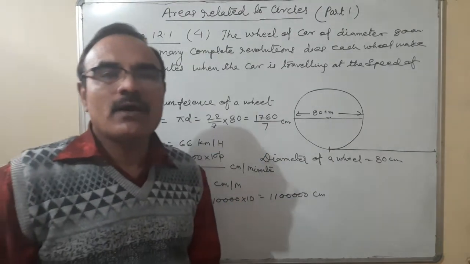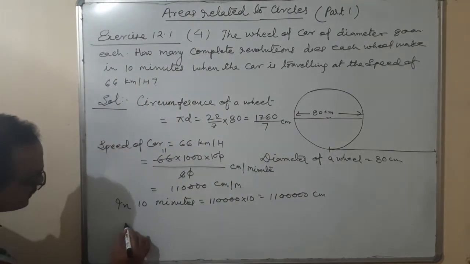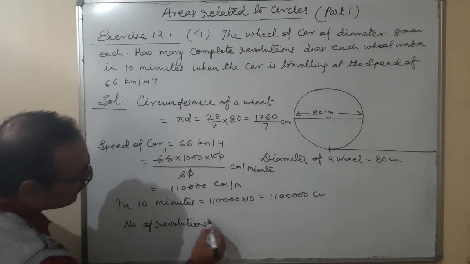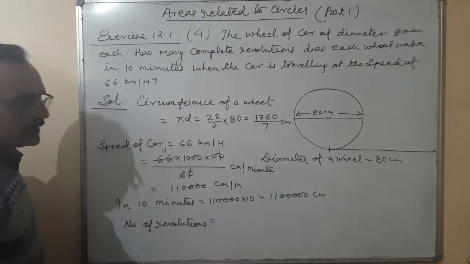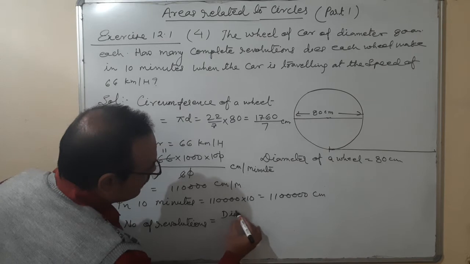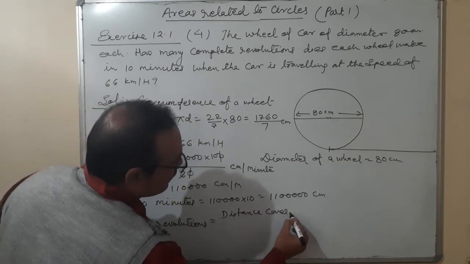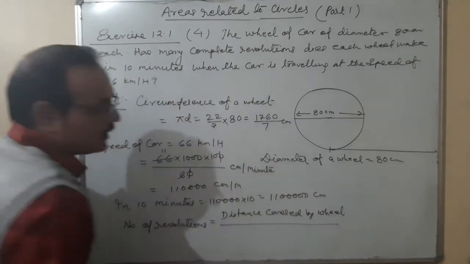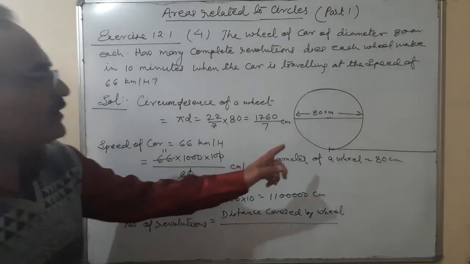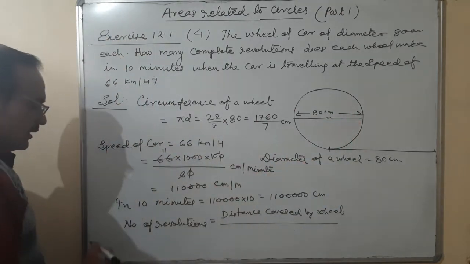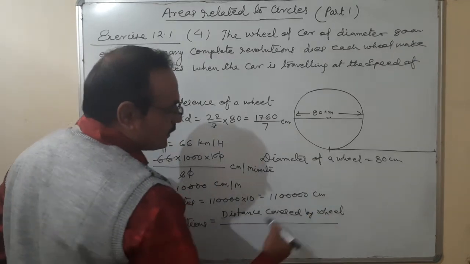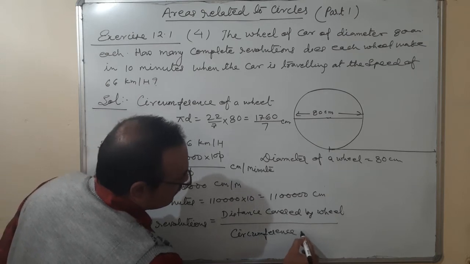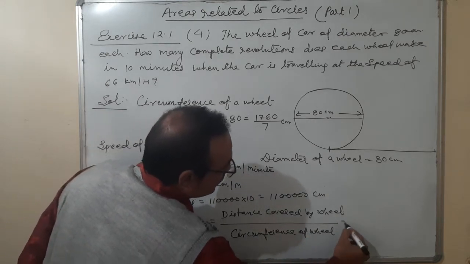And we are going to find the number of revolutions. So number of revolutions is equal to total distance covered by the wheel upon circumference of the wheel, because the circumference is what it covers in one rotation. So number of revolutions is equal to distance covered by the wheel upon circumference of the wheel.